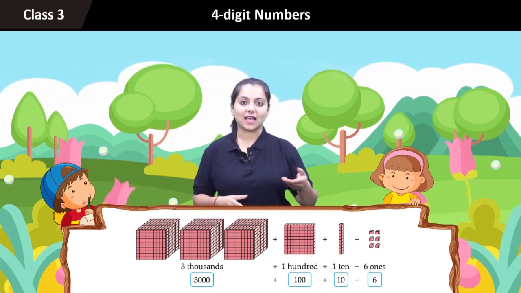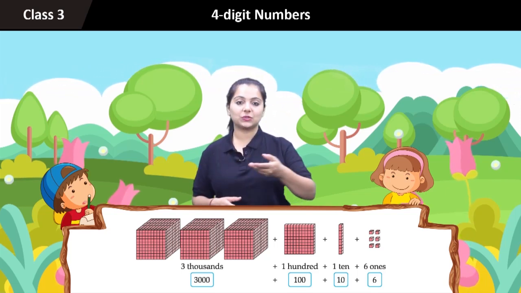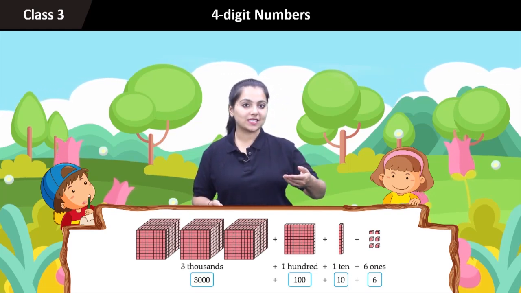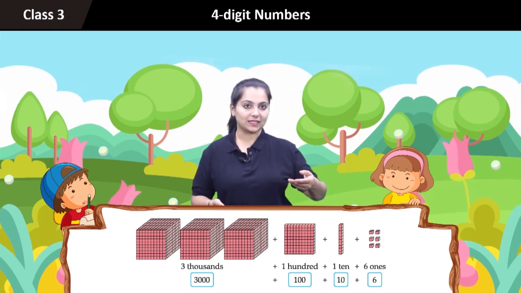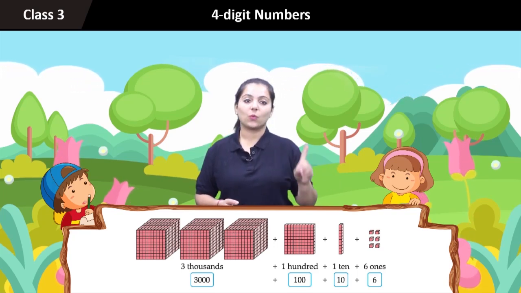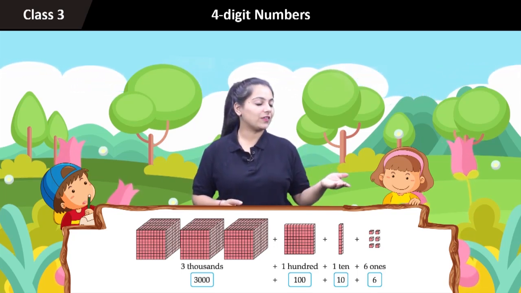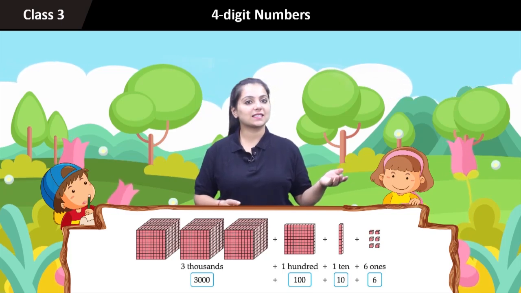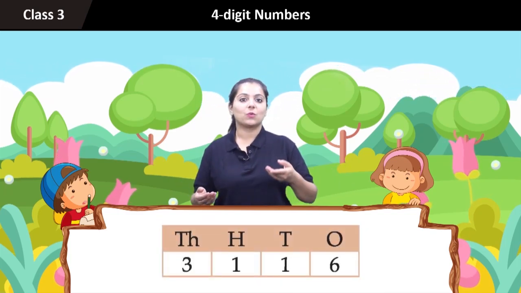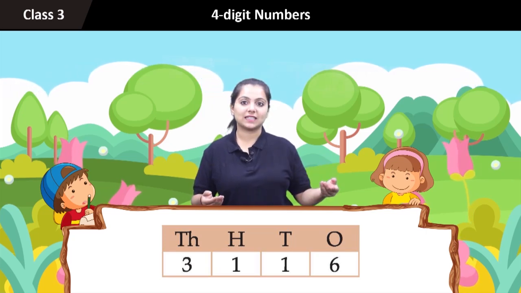How many thousands are there? 1, 2, 3. 3 thousands. How many hundreds are there? 1. How many tens are there? 1. How many ones are there? 6. So the number formed is 3116.